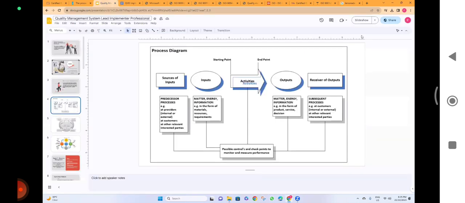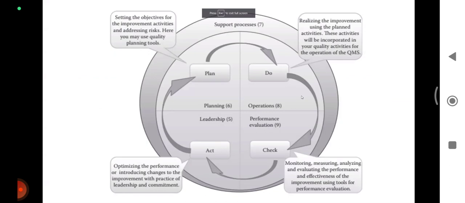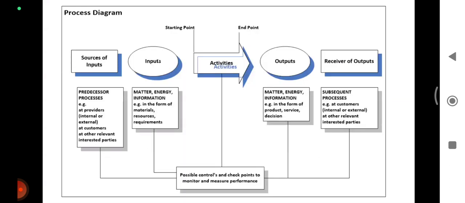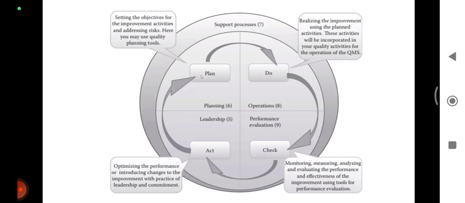So how does that happen? Well, this is now the PDCA. What we are going to do is look at these quality management activities. We are going to look at the business processes that intend to meet customers' needs and expectations, and you need to plan. What does it mean? It means you have to set objectives for improvement activities so that you can address the risks.